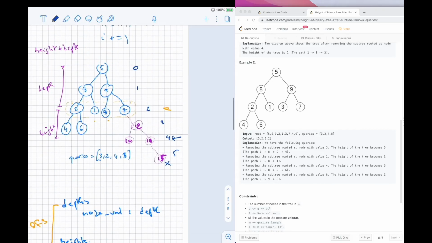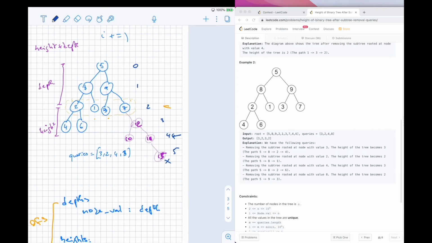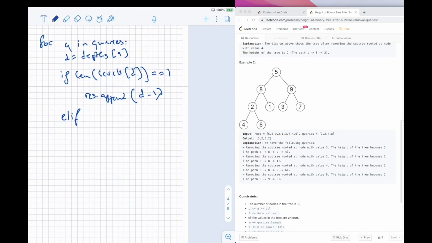Now otherwise, we are in one of two cases. Either the largest height is the one for the query we want to remove, in which case we want to take the next one, or it's not even one of them. Let's say in the case of 3, we want to take the highest one, which is the height of 7, right? And so either the levels at position D, the node, let's say we put the node in position 1.